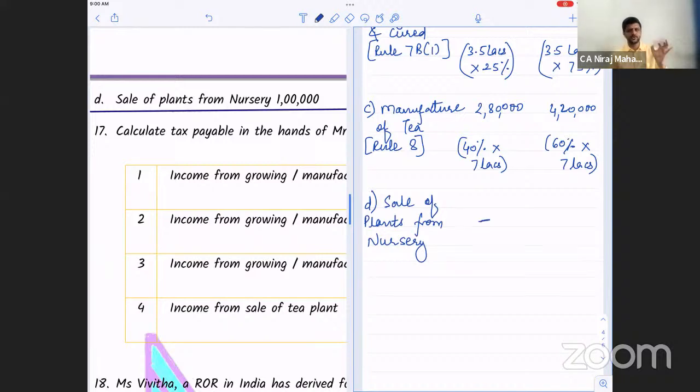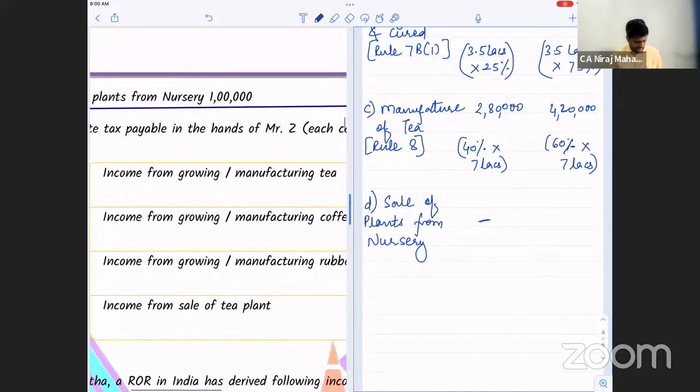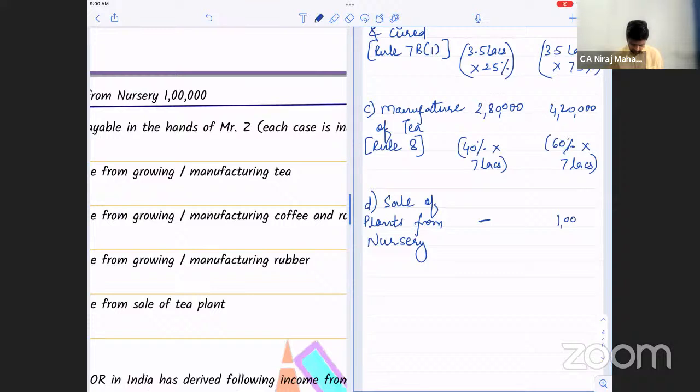It is 100%, Bachu. Agriculture. It is like nursery plant. Nursery, we have written point number 4. And agriculture income, it is exempt. So entire income is exempt. Also, entire income is, Bachu, what? Agri. Isn't it? Clear?